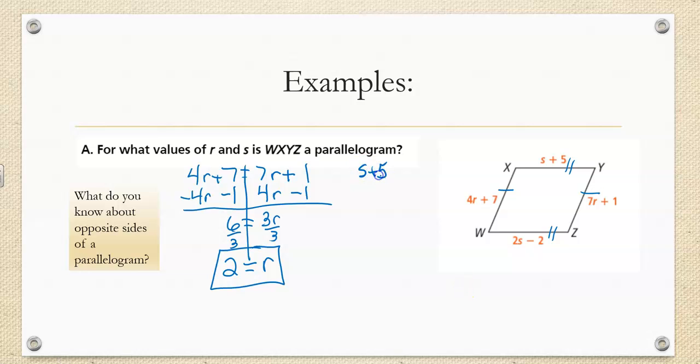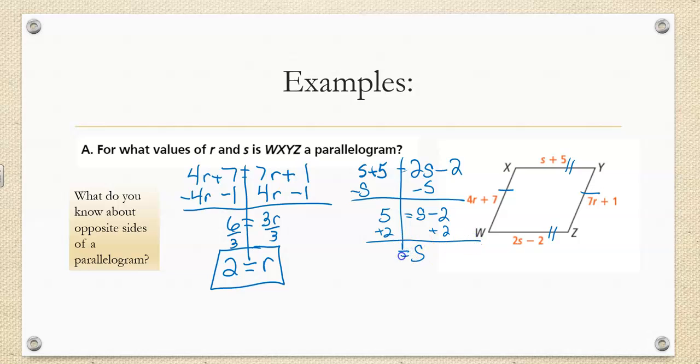So S plus 5 has to equal 2S minus 2. So I'm going to subtract S from both sides because I don't like messing with negative numbers. So I have 5 equals S minus 2, and I'll go ahead and add 2 to both sides. And S equals 7.